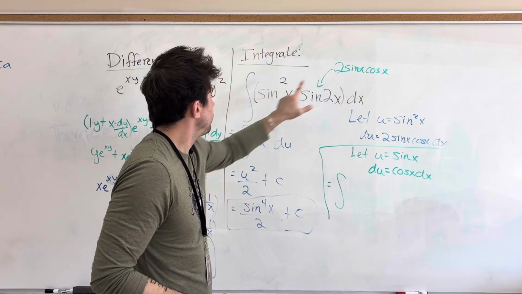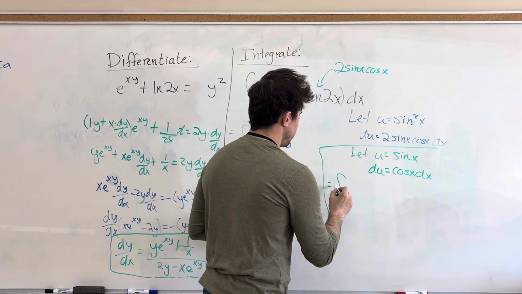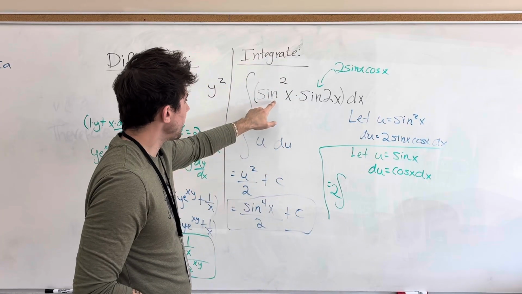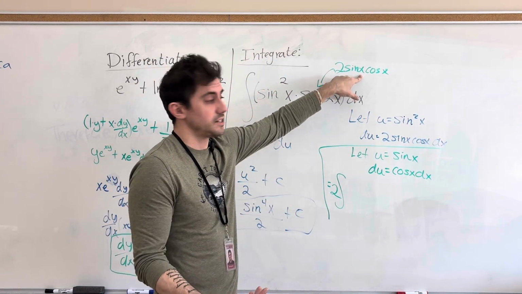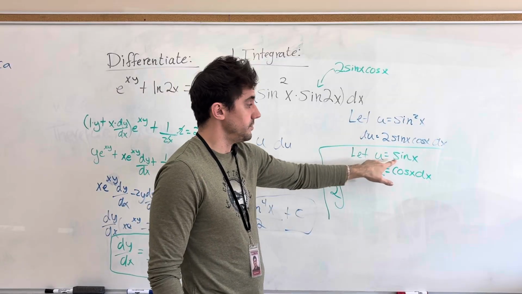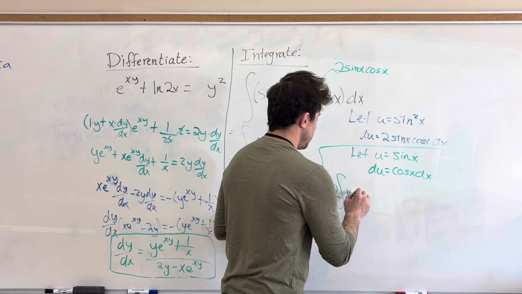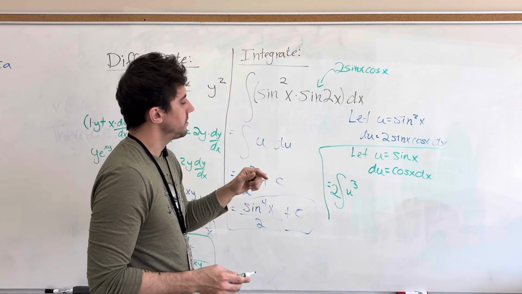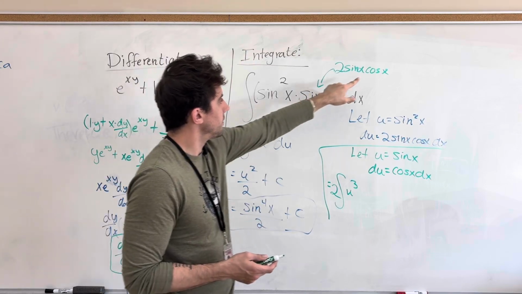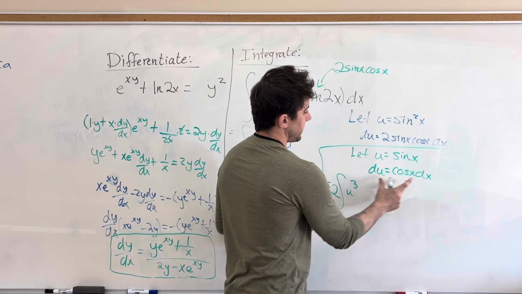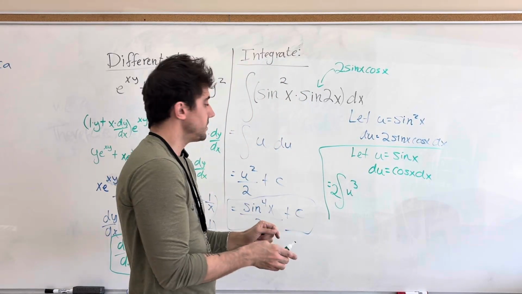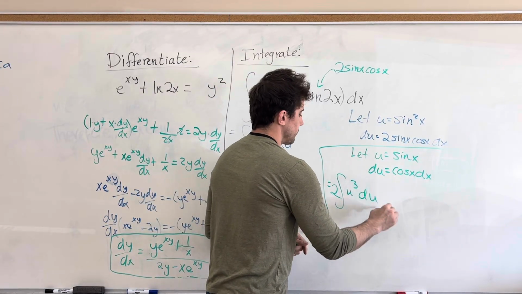And so we can bring that 2 out front, right? And then we have sine squared x times sine x, which is sine cubed x. And so since u is sine x, that would mean u cubed. I think this will work. And then the cos x dx portion is taken care of by our du. And so that works out really well.